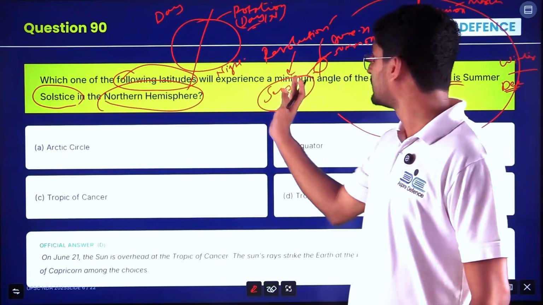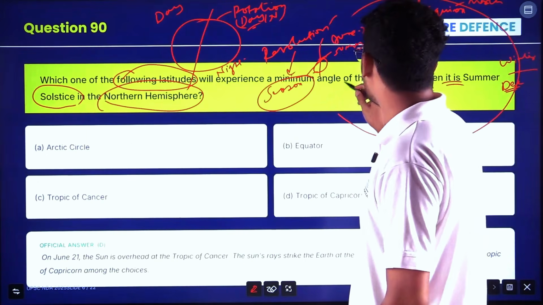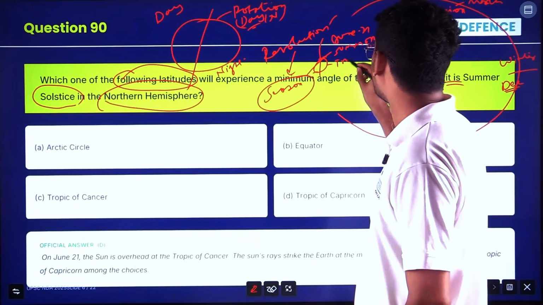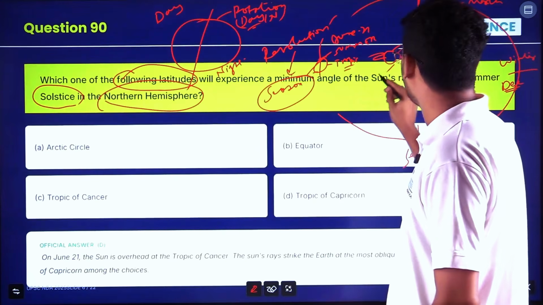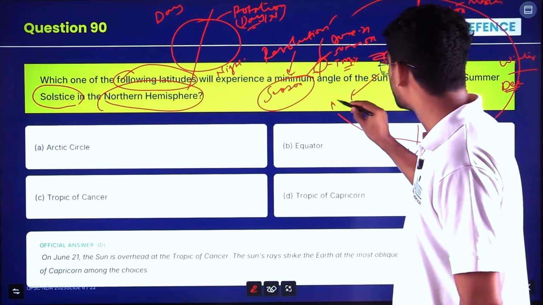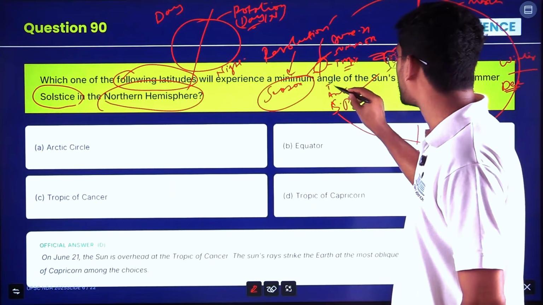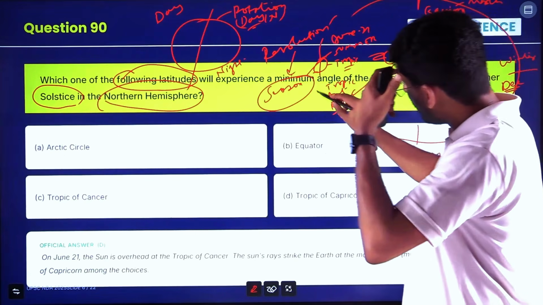When it is summer solstice, the northern hemisphere will be lit with sunlight and the maximum angle of sun rays is on the Tropic of Cancer. Here he has asked minimum angle. Minimum angle will be on the southern pole, then Antarctic Circle, then Tropic of Capricorn. You see in this order.